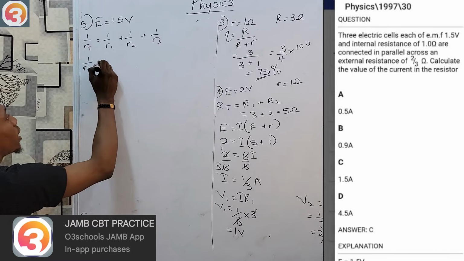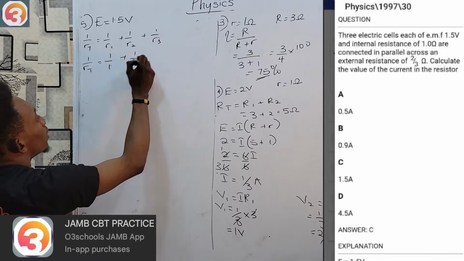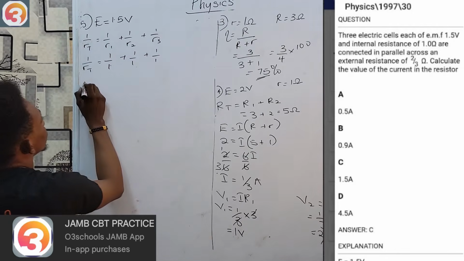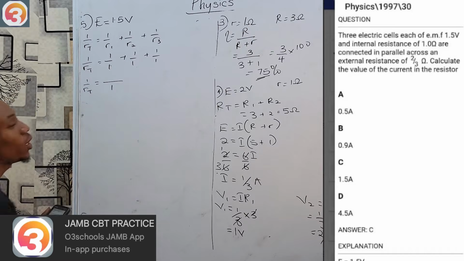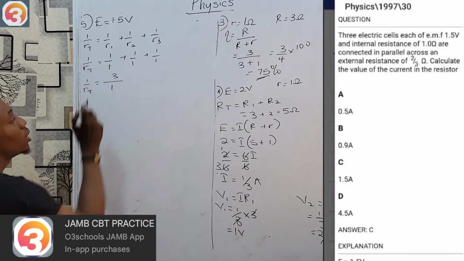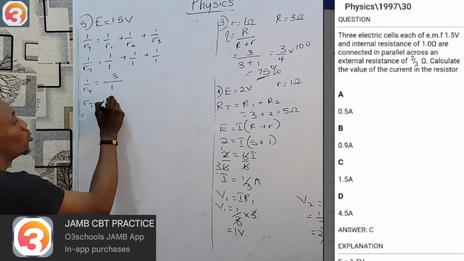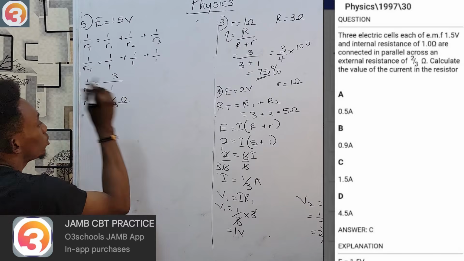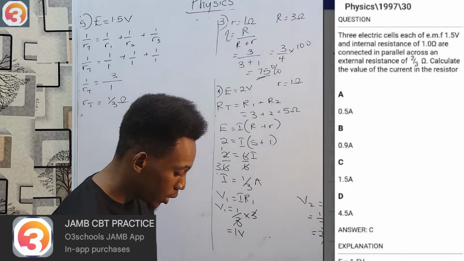So that gives you 1 over 1 plus 1 over 1 plus 1 over 1. And as usual, because they all have the same denominator, pick one. 1 plus 1 is 2, 2 plus 1 is 3. Then turn around, r total becomes 1 over 3 ohms. So my internal resistance is 1 over 3.